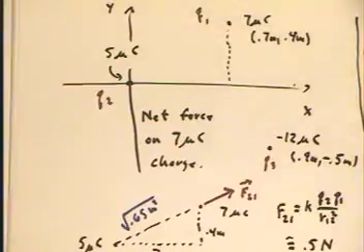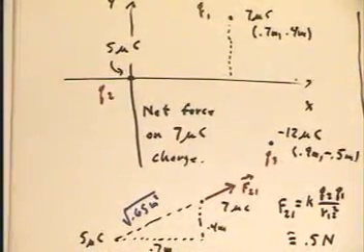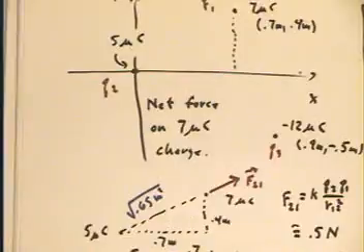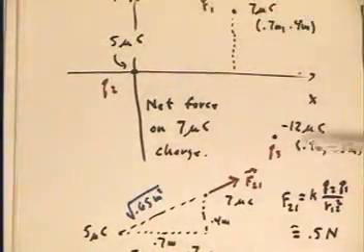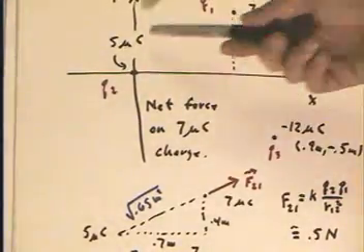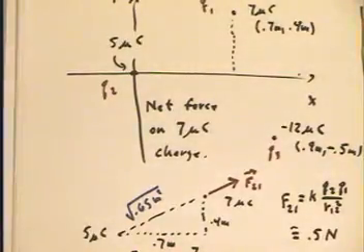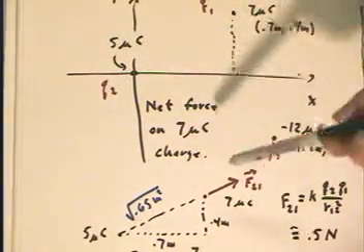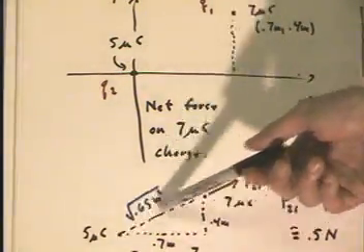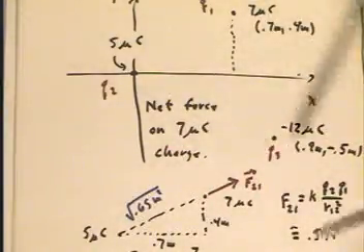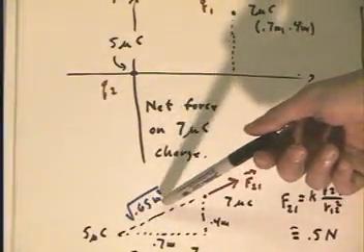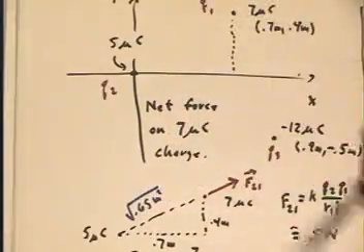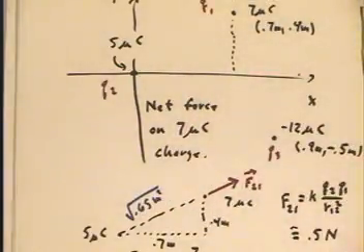In order to do that, let's just begin by finding the magnitude of the force between the 5 and the 7 microcoulomb charge. The magnitude of the force is given by Coulomb's law as k q1 q2 over r squared. So all we have to do is find this distance here. That distance is easily found using this triangle. We just use the Pythagorean theorem and find that the distance is the square root of 0.65 meters squared, which is about 0.81 meters.